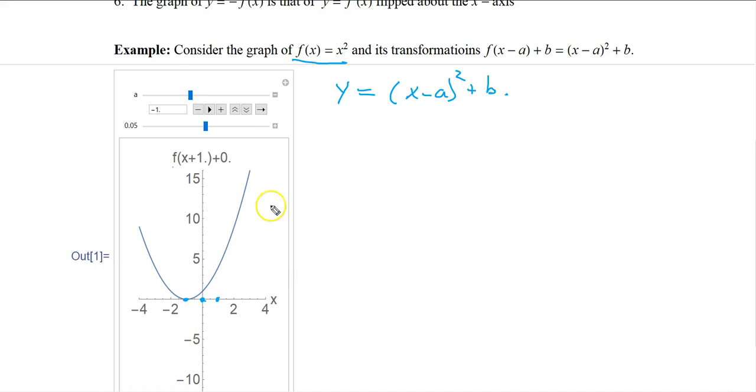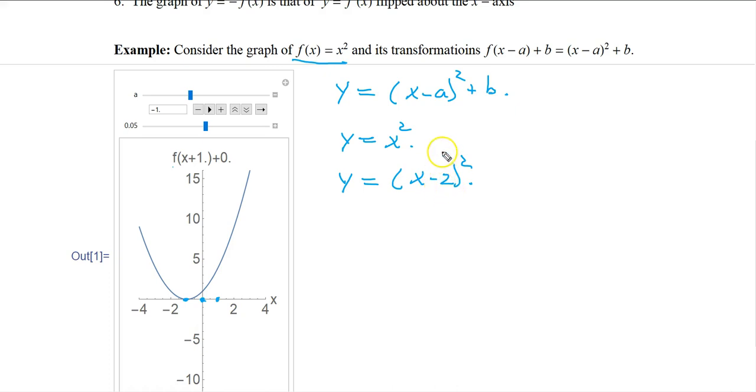Now here's the way I think of this shift left and right. This might help you to remember which one is which. If we start with the original graph, y equals x squared, and we consider a shift like this, you might think, okay, does this shift it left or right? I forget, does minus 2 shift it right, or does it shift it left?